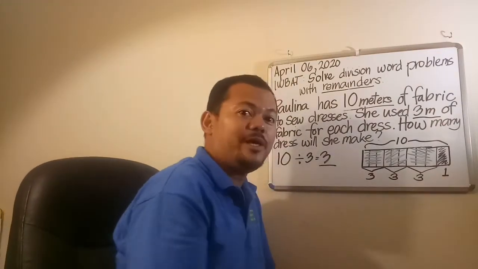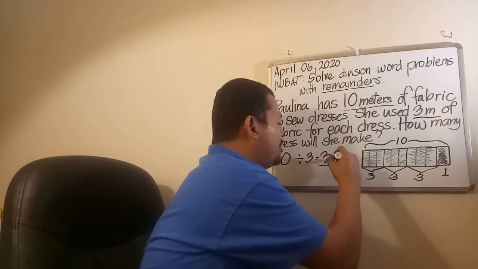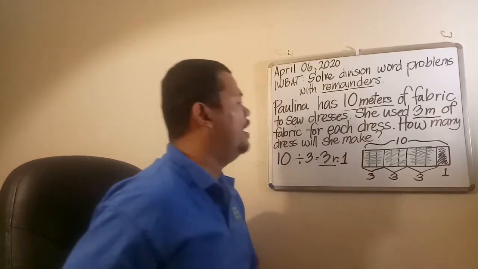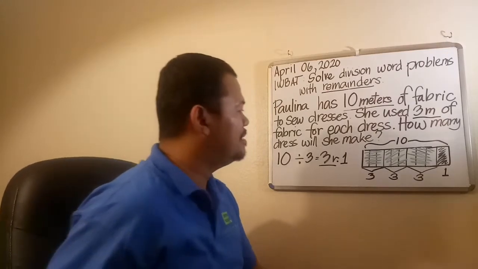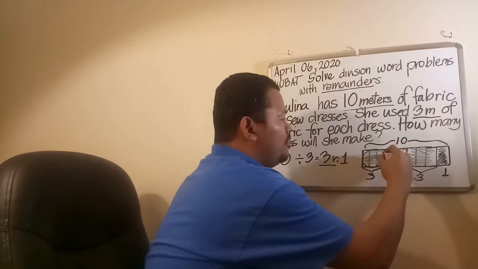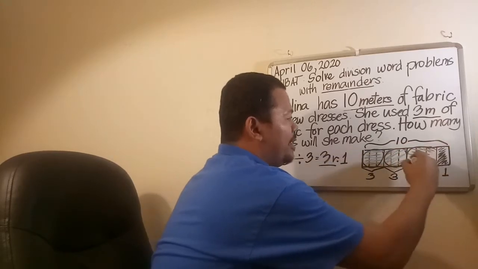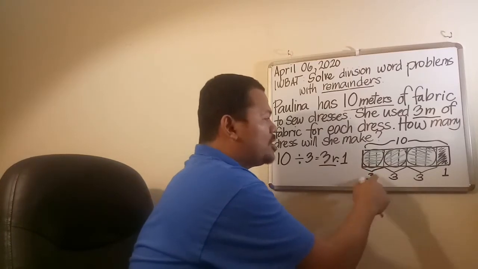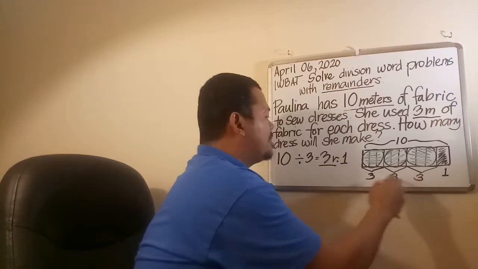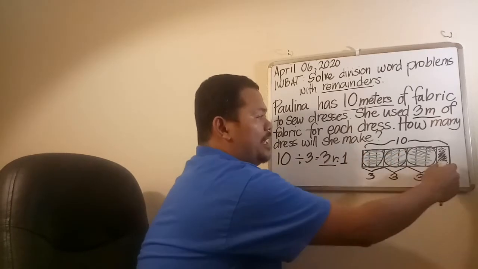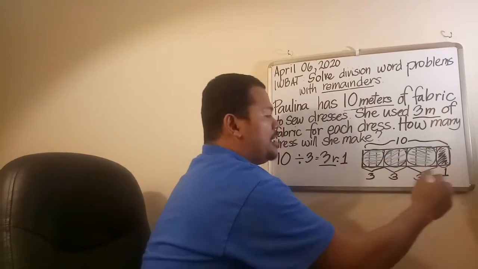So what are we going to do with the extra 1 meter? We are going to declare it as 3 remainder 1. Okay? How many dresses? We got here 1, 2, and 3. Okay? Because they represent 3 meters, 3 meters, and 3 meters. We need to say 3 dresses, and we have an extra fabric which is 1 meter.